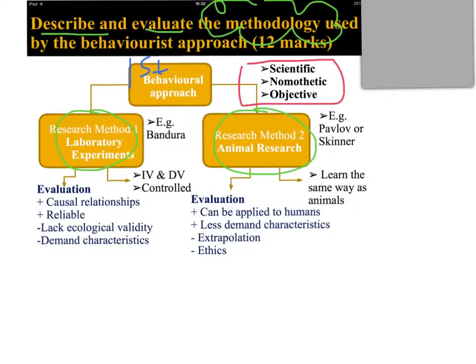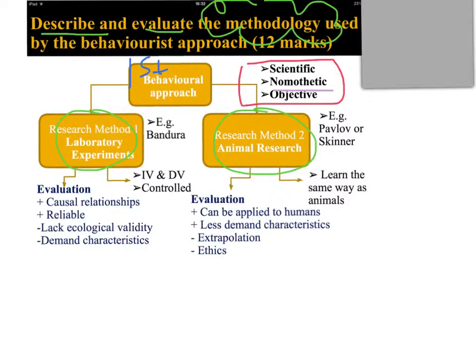So there'll be a nomothetic approach. Then also that they favour an objective way to research. If we're looking at must, should and could, something you could do is justify their approach to research, that it is scientific, nomothetic and objective.